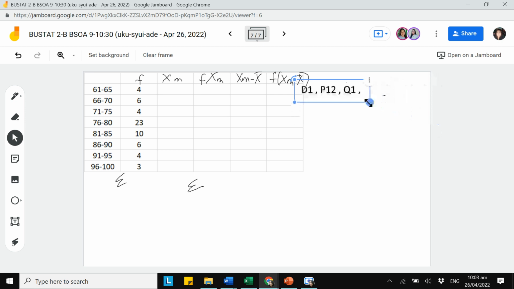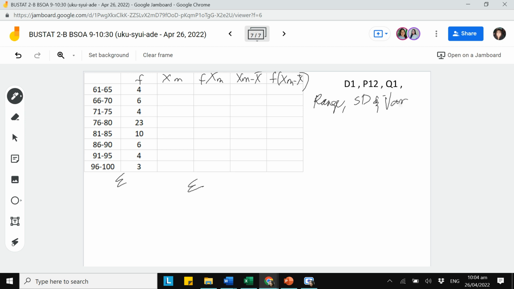You're also going to compute also for range, SD, and var. Okay, or variance. Okay? So, if in case we're going to add range as well, so magdadagdag pala tayo ng isang column.